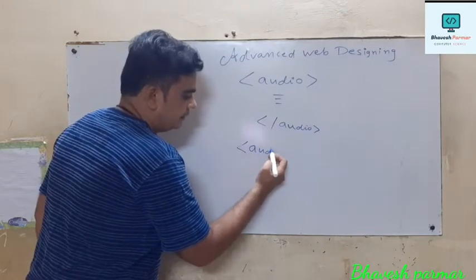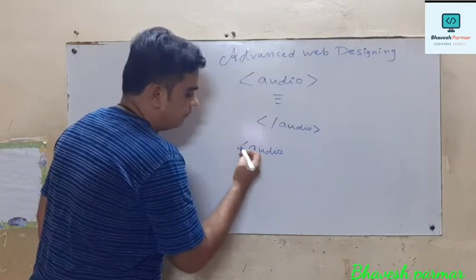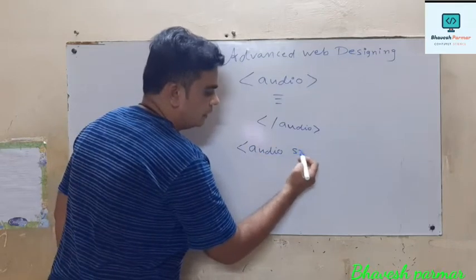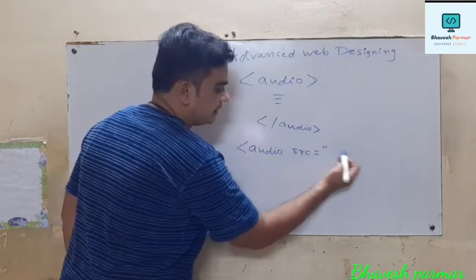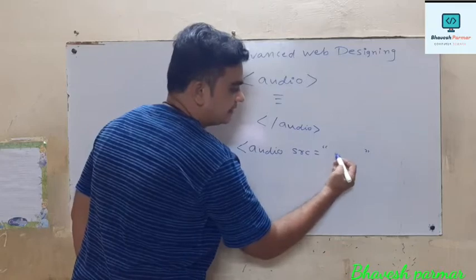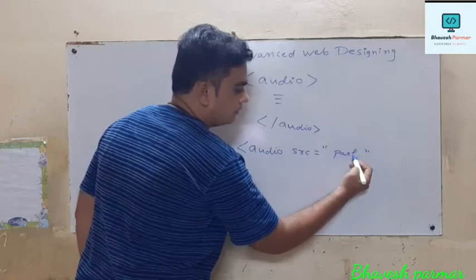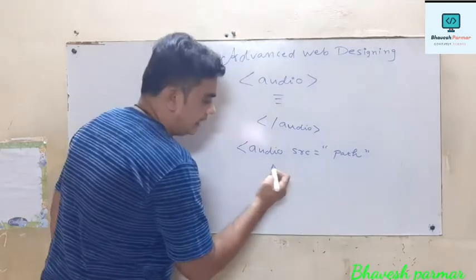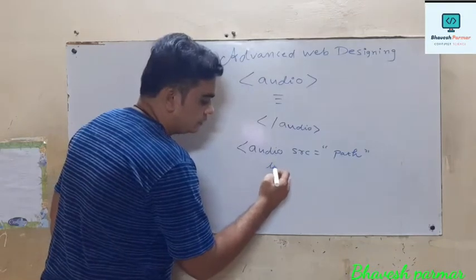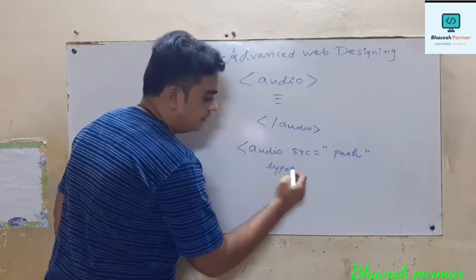So let me show just an example of how the audio tag works. So audio, thereafter I am mentioning SRC. This SRC indicates the actual path of that audio, and then we are going to use the type attribute.